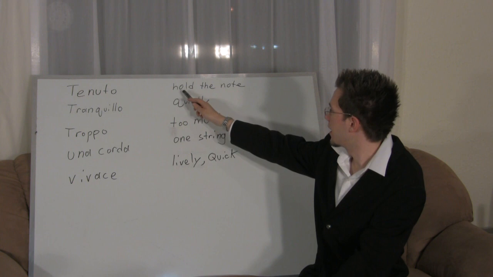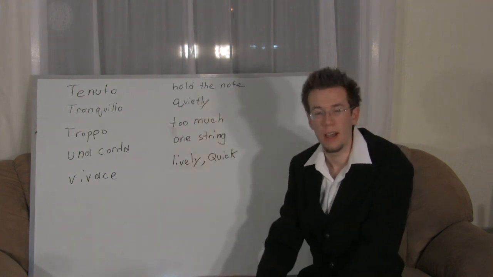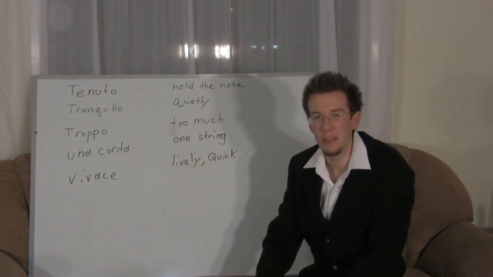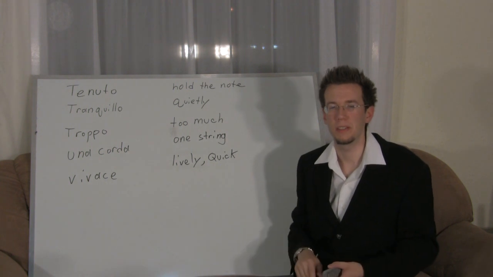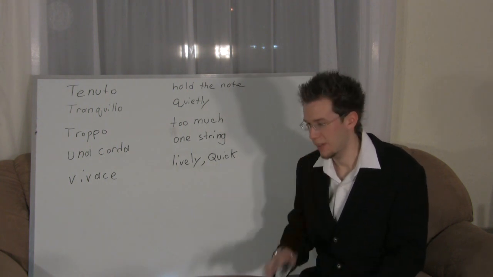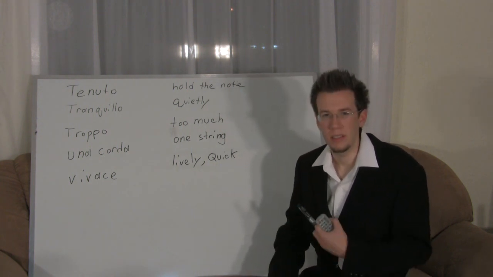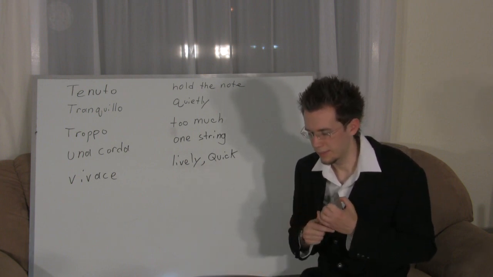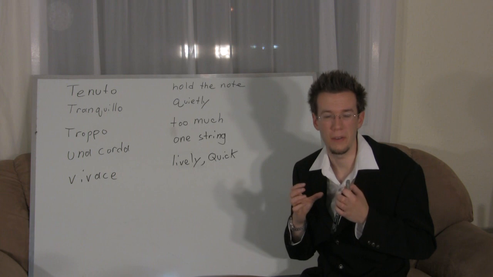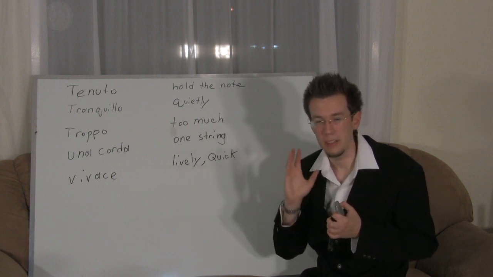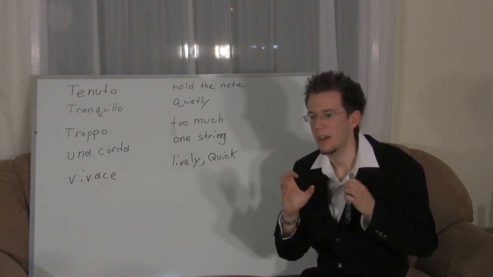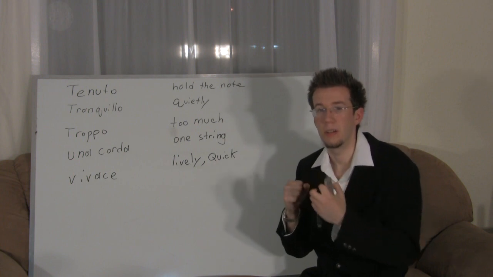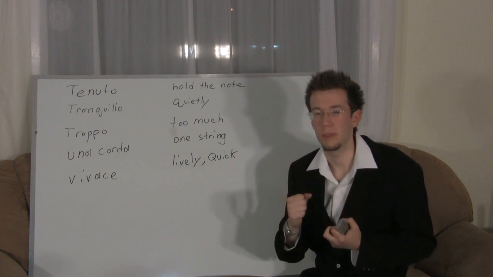Okay, so we've got tenuto, and that means hold the note. Usually you're going to be holding your notes for full value anyway, normally. But when you see tenuto, it's like you're holding on to the note in the sense that you don't want to let go of it. So as the audience hears, it sounds like you're pulling onto those notes and trying to hold on to them longer.